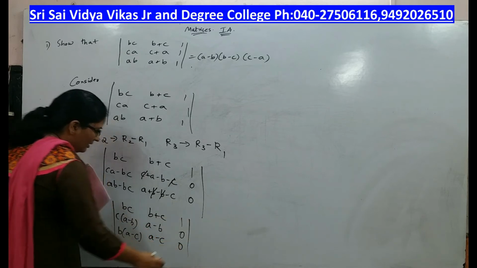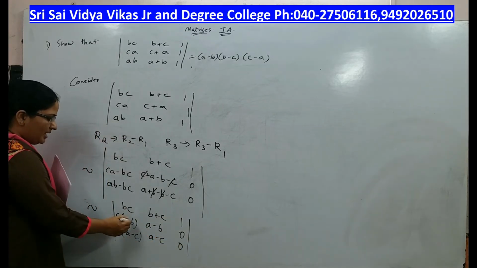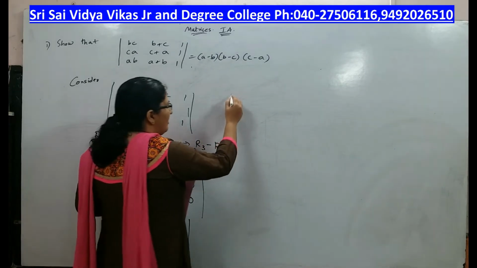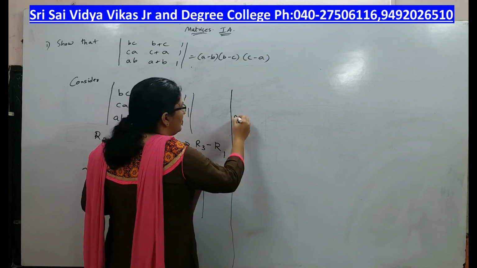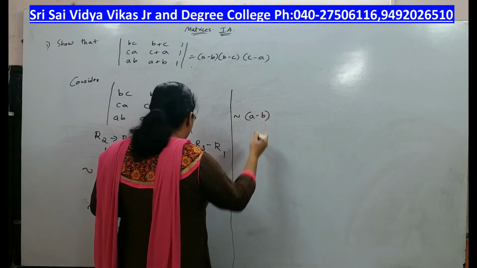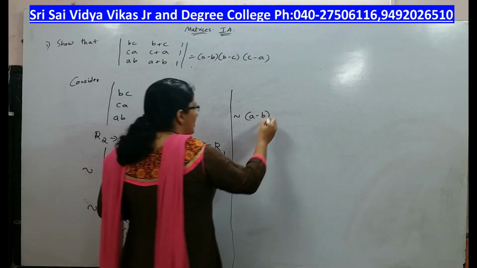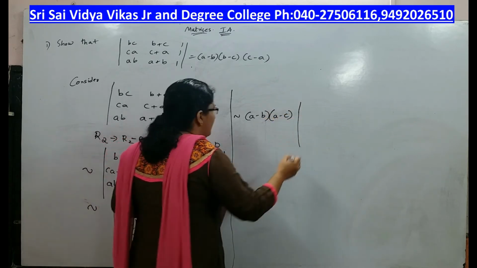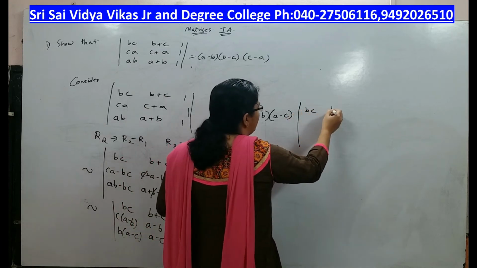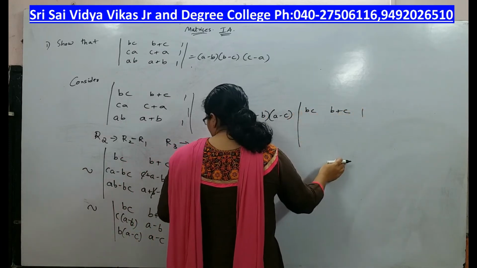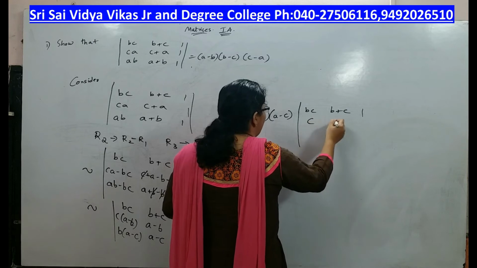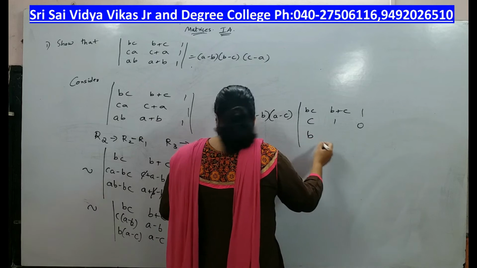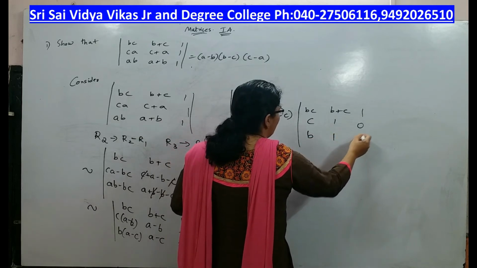From the second row I can take A minus B common, from the third row I can take A minus C common. So you have A minus B, A minus C times the determinant BC, B plus C, 1; C, 1, 0; B, 1, 0.